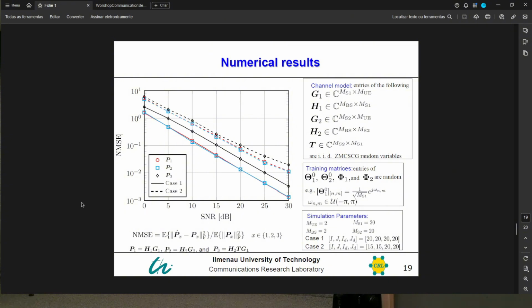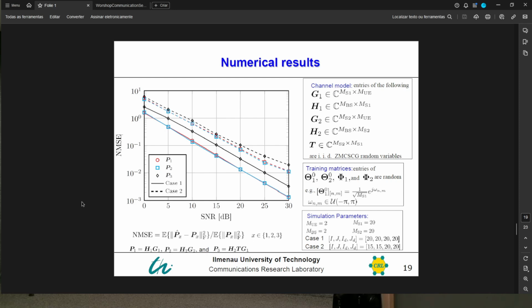What we demonstrate here in this figure, the cases with straight lines are that of case 1, where they are all equal, and dashed lines are situations where they are not the same. Now from the result, we see first that it is beneficial to have the same number of training, because we can see that case 1 has a better performance than case 2.